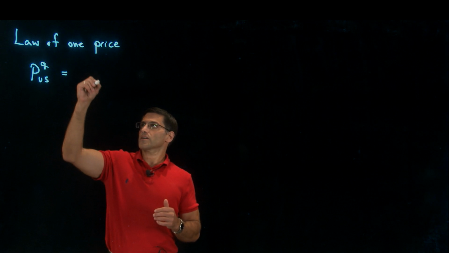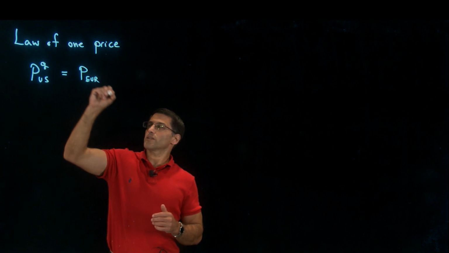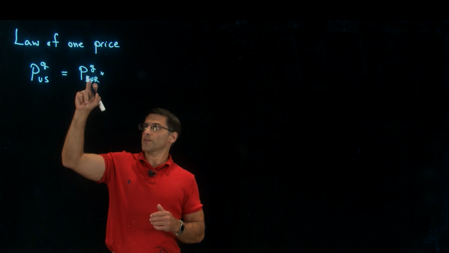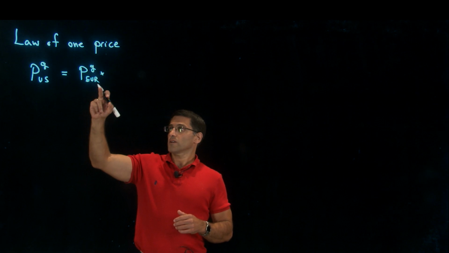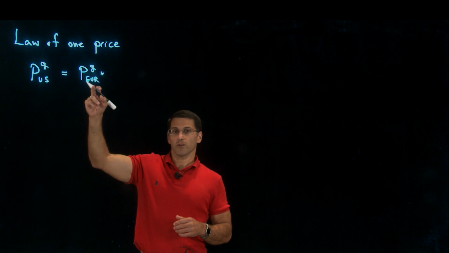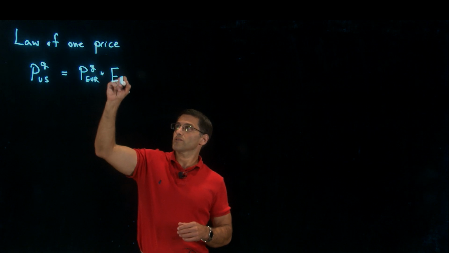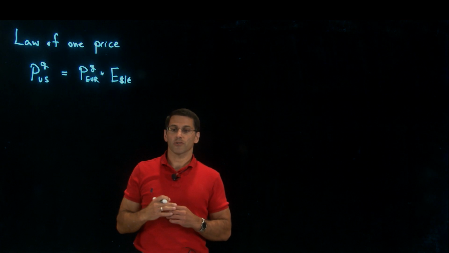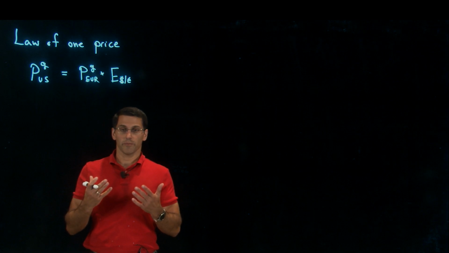Of course, I take that price of the good in Europe, in this case Italy, and that price is going to be denominated in euros. So I'm going to take however many euros, let's say it was a 50 euro shirt, and I have to multiply that by the dollar to euro exchange rate to convert those euros into dollars. The law of one price says that those two prices then have to be equal.